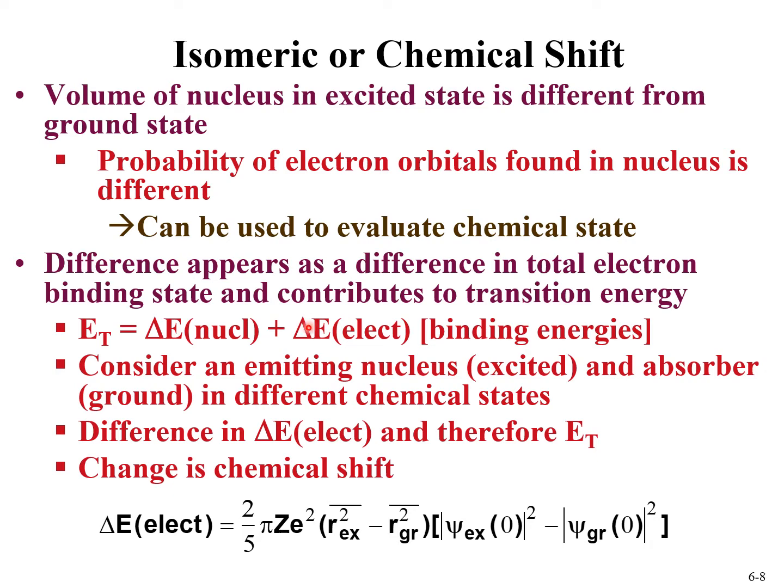And this change in the binding energy component can be worked out here as a function of the excited and the ground state wave functions. This change is defined as the chemical shift. So very similar to other spectroscopic techniques, one can determine what the chemical component is by evaluating this chemical shift.